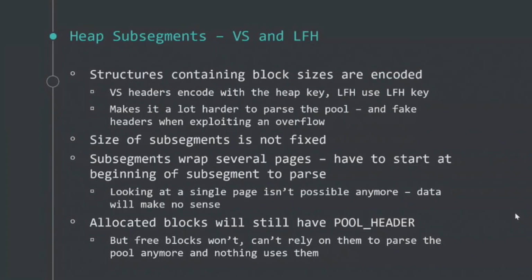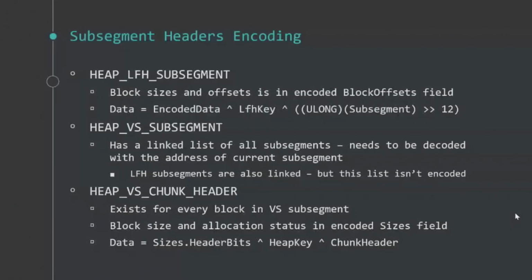Now, one way to find LFH and VS subsegments is to go to the beginning of the segment and walk the range descriptors one by one and figure out for every unit, is this an LFH or a VS subsegment? Another way is going to the heap, to the segment heap structure, and looking there for VS and LFH contexts.